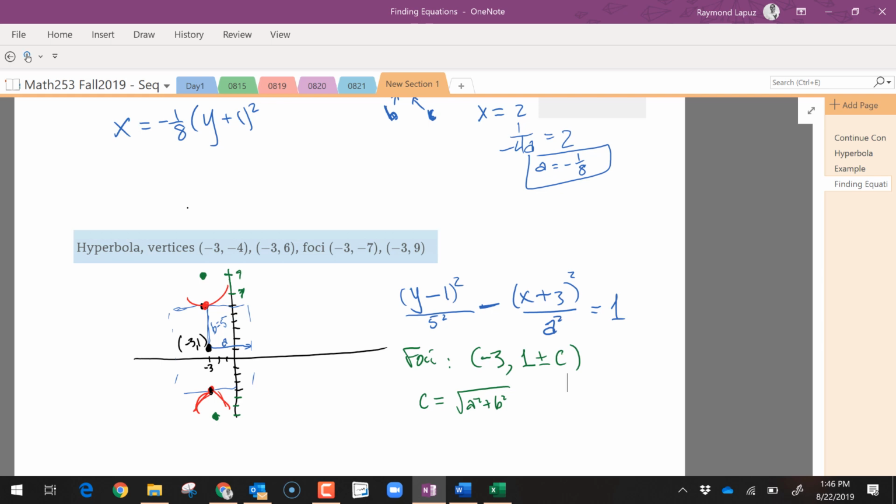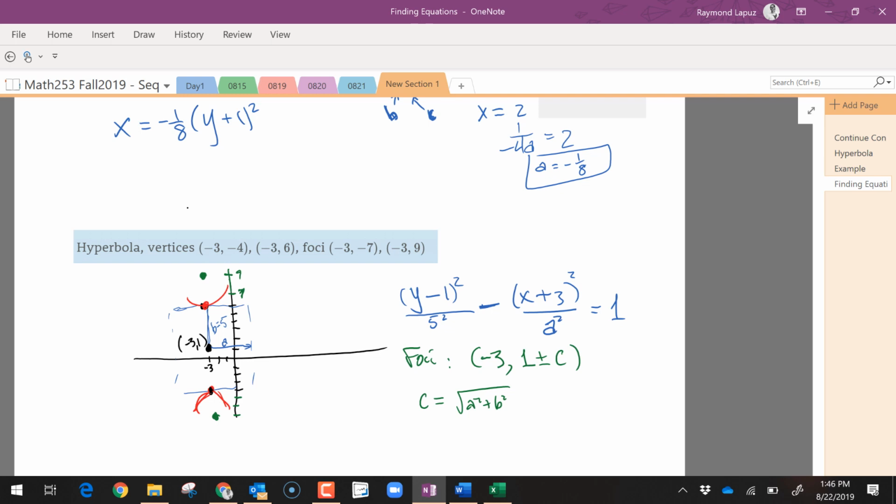So c is equal to what? It's one of these. I guess we have to choose one of them. 1 plus c should probably equal 9, or 1 minus c should equal negative 7.